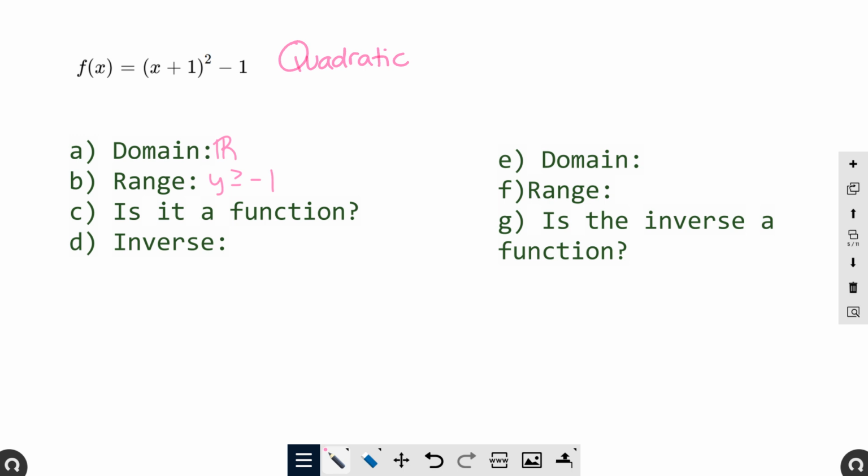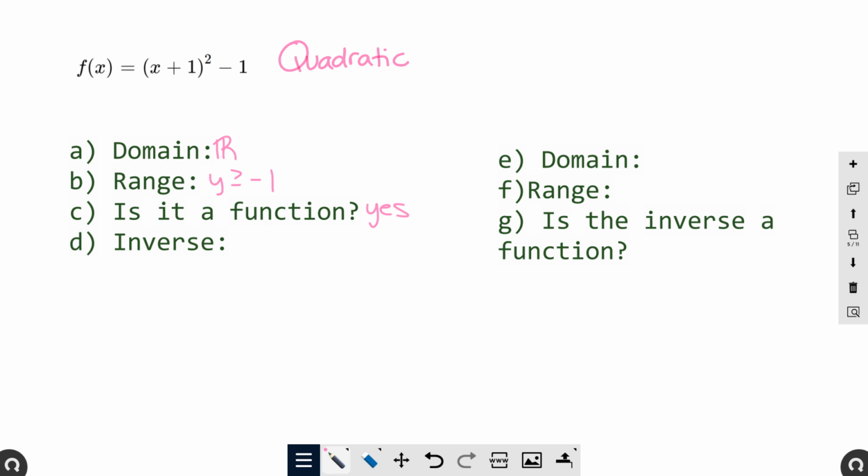So is your parabola a function? Yes, because it passes the vertical line test. Now, you can actually pause here and not do part D and actually answer parts E, F, and G. Because what do we know about the domain and the range? They switch.